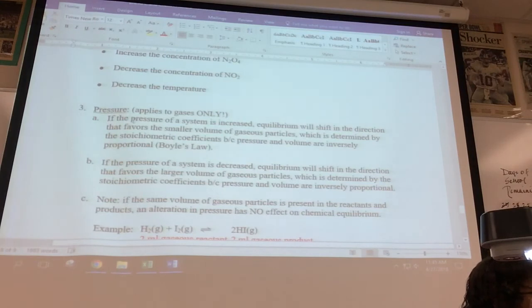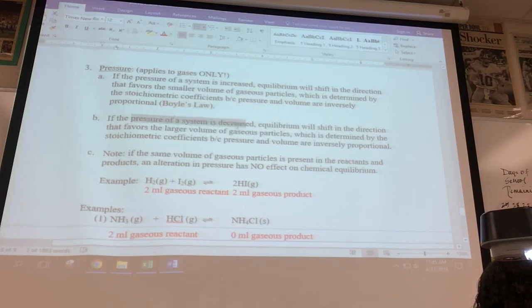So in your notes, as I indicated, when you increase pressure, equilibrium shifts to the side that favors the smaller volume of gaseous particles. That's determined from the stoichiometric coefficients, and the reason is based on the inverse relationship between pressure and volume, which is known as Boyle's law.